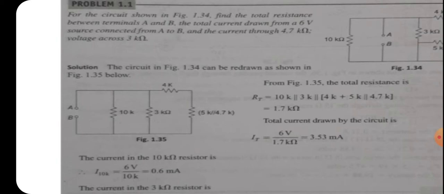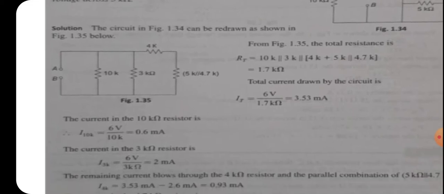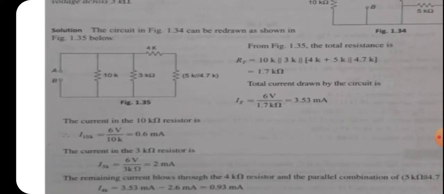Then what is the next question? Next is the current through 4.7 kilo ohm. That means you should find out the current through 4.7 kilo ohm. In this figure 1.35 we can see that the 5 kilo ohm resistor is in parallel with 4.7 kilo ohm.